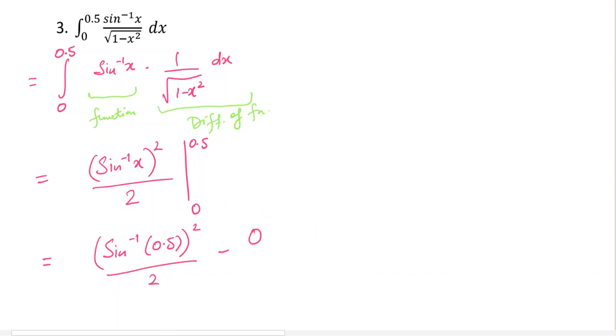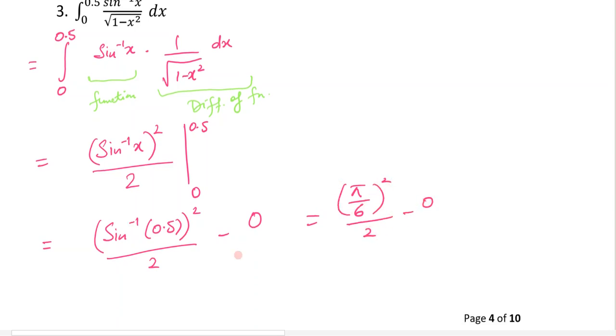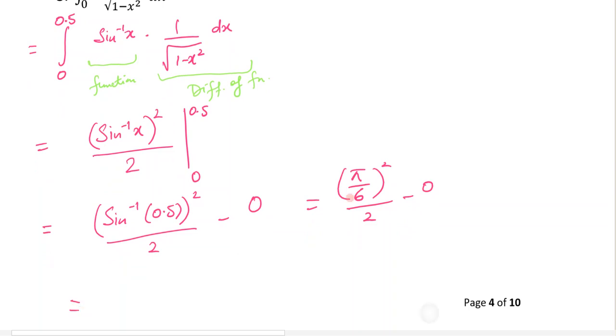So we got pi over 6, which is sine inverse 0.5. So pi over 6 square over 2 minus 0. So overall, 36 times 2 is 72. So we got pi square over 72 as our answer.